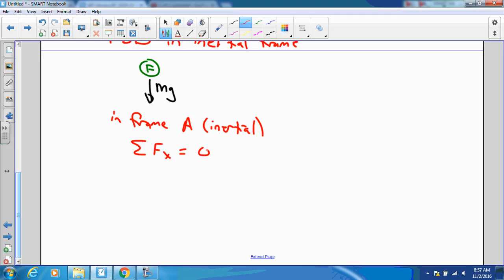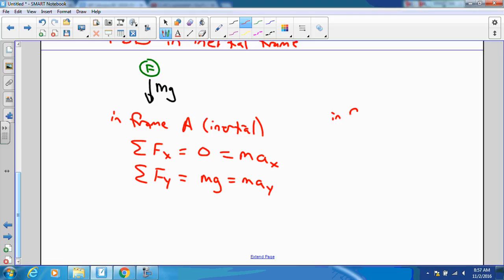it is true that the sum of forces in the x direction is equal to the mass times the acceleration, meaning 0, and the sum of forces in the y direction, mg pulling straight down, is also equal to NA times y. So Newton's first law works.